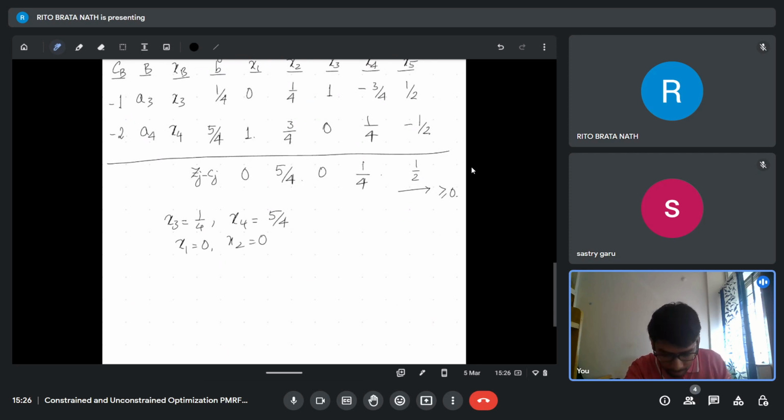Yeah, so the problem asked for the solution, so the answer would be x1 star, x2 star, x3 star. That would be 0, 0, and 1/4, I think.